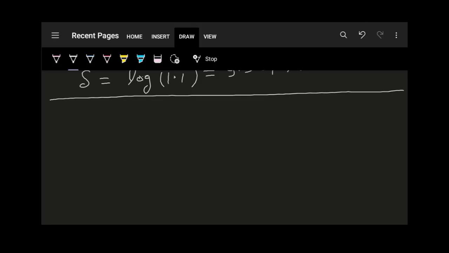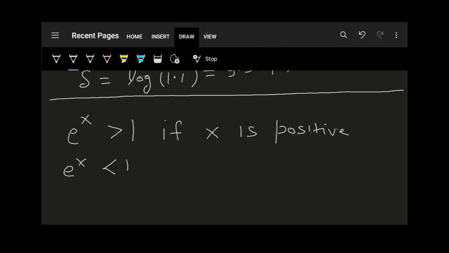One thing to note is that when we put something in the power of e, this value will always be greater than 1 if our x is positive, and this value will be less than 1 if x is negative.